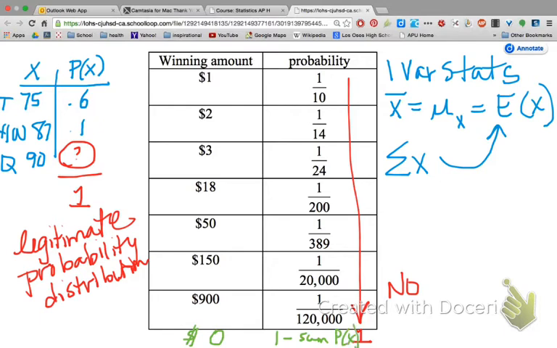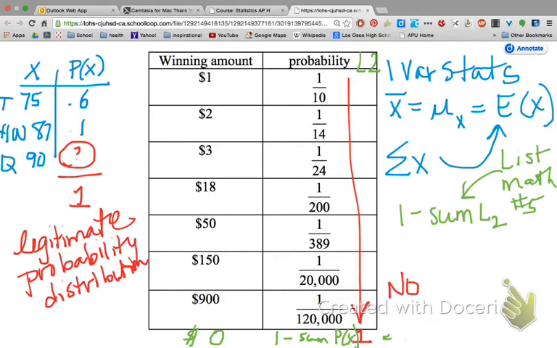And so a quick way to do that is, since you have this in list 2, is to go figure out on your main screen what's 1 minus sum of list 2. Remember, this is in list math number 5. And it'll tell you, this ended up being something like 0.778826, I think.